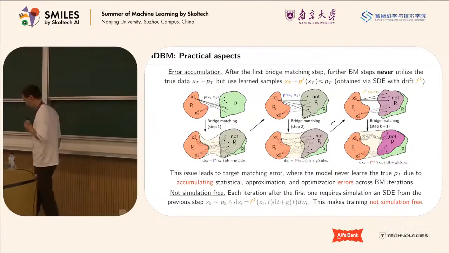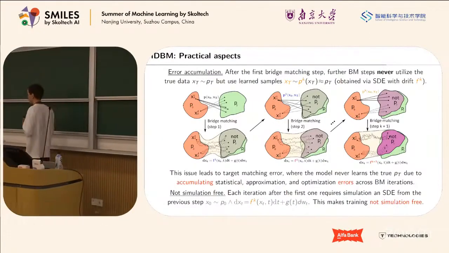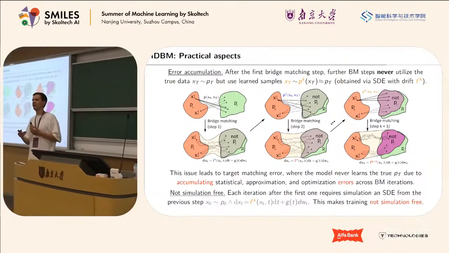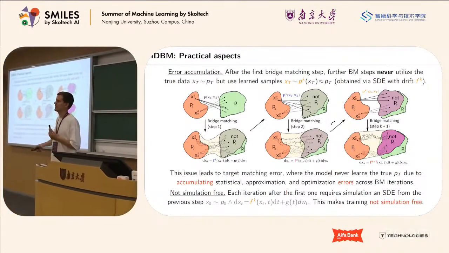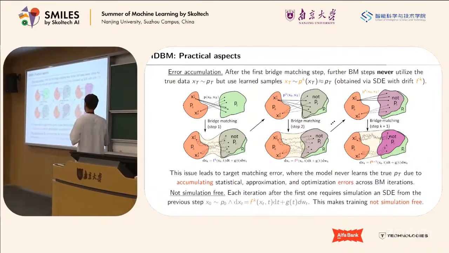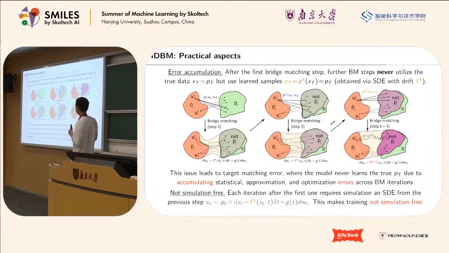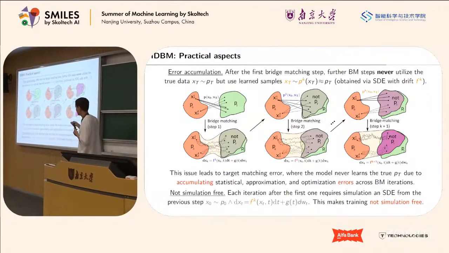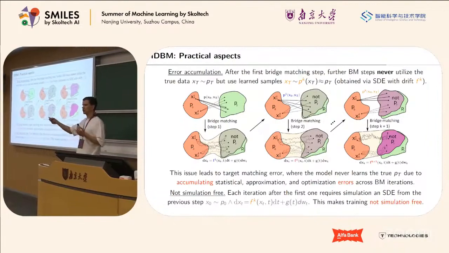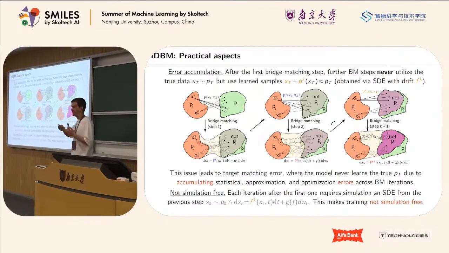Of course, this procedure of iterative bridge matching has the same problems as the procedure of iterative flow matching, like rectified flows. It accumulates errors, because you usually train your next model on synthetic data obtained from the previous model, and so on. You need to do simulations to generate new data for training using the previous model.